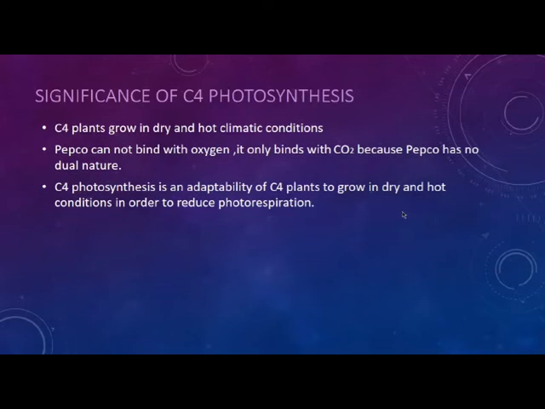Photorespiration takes place when the carbon dioxide concentration is lower, when the Rubisco enzyme combines ribulose bisphosphate with oxygen. It has dual nature; it can combine with oxygen as well as carbon dioxide.